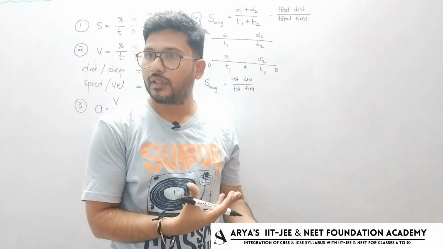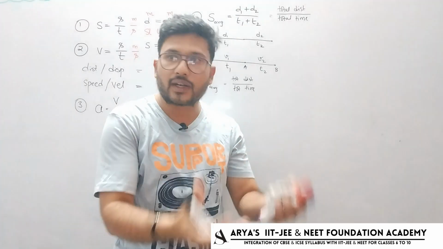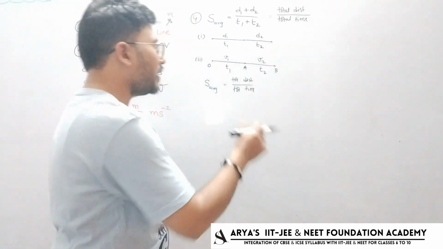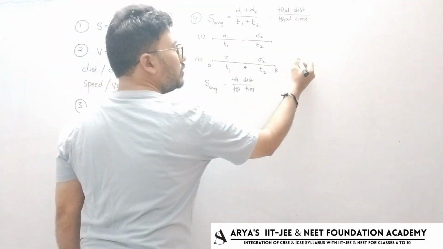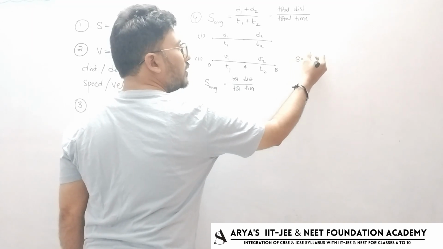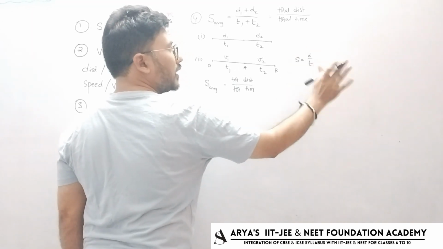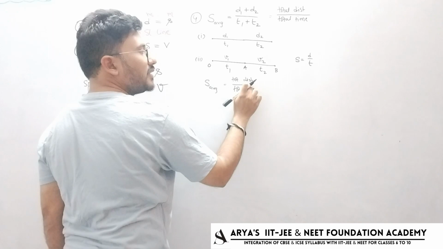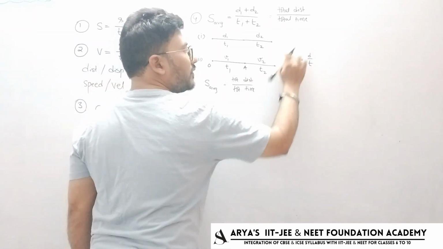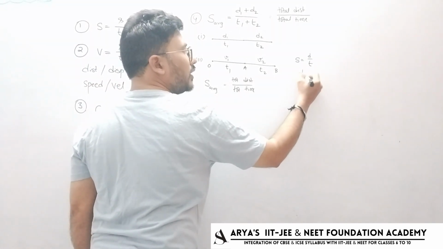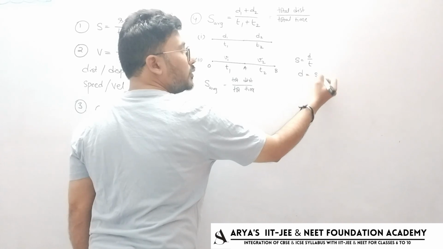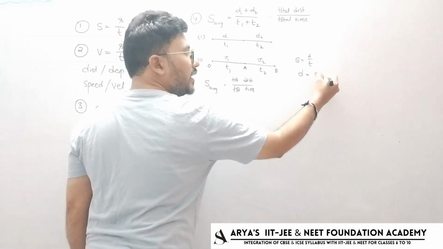Concept. So this is 11th class concept, you have to understand. So now you see, here what we should do? We know speed is equal to distance by time, right? Here total distance is required na? From this formula, distance is equal to speed into time.